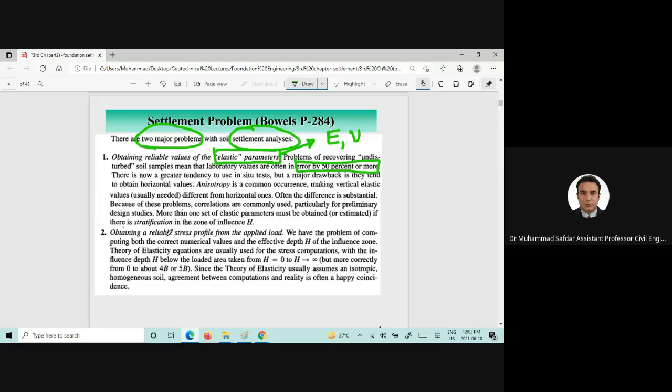The other problem is to obtain the reliable stress profile from the applied load.